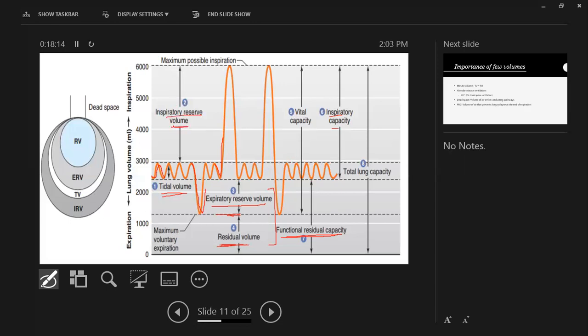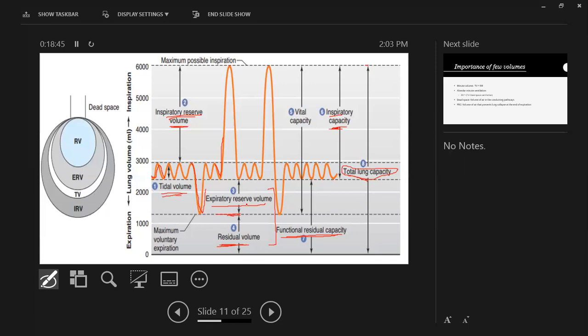And this inspiratory reserve volume along with tidal volume together becomes inspiratory capacity. So everything together, from your inspiratory reserve volume, your tidal volume, to your functional residual capacity, if everything is put together, then that becomes your total lung capacity.